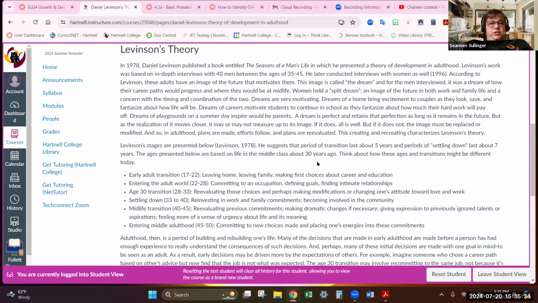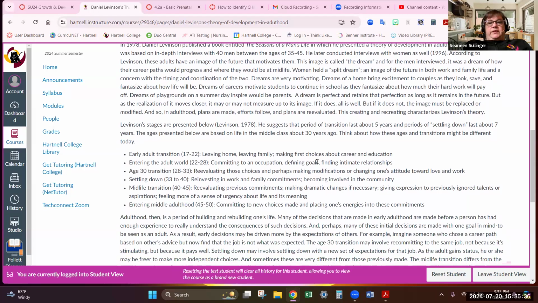And so the stages are here. And there is a period of transition, he says, about 5 years, and periods of settling down last about 7 years. And so these ages are sort of based on life in the middle class about 30 years ago. So that's why I say, and even now, probably 40, 50 years ago. And so that's why I say these probably have changed for people going through these stages nowadays.